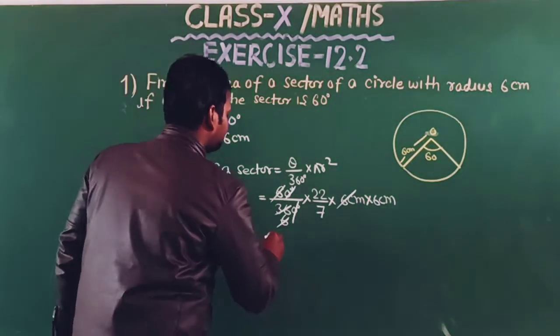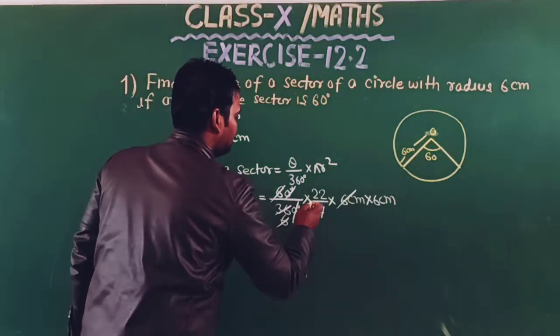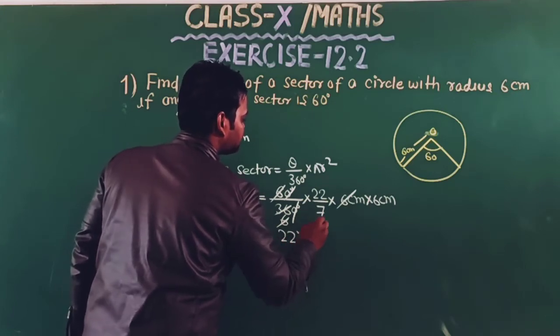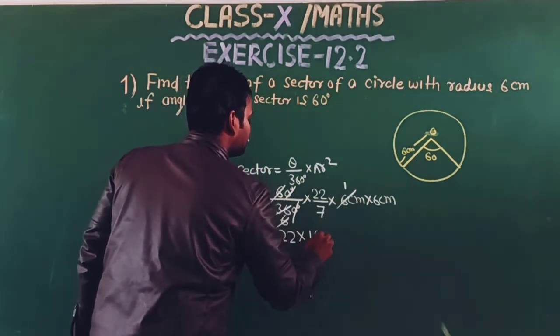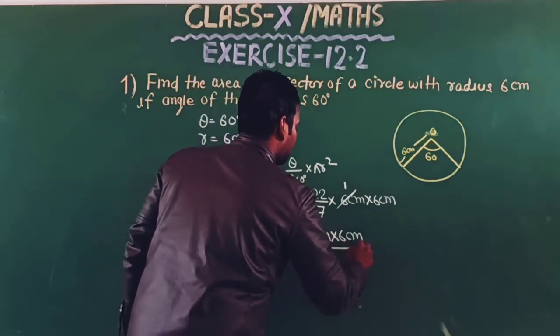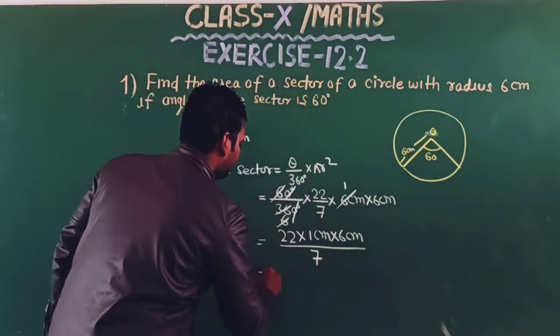Now remaining we are left with 22 into 1 centimeter into 6 centimeter upon 7 centimeter.